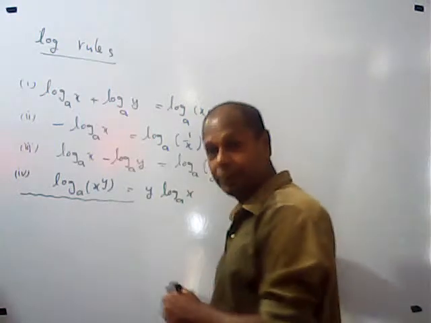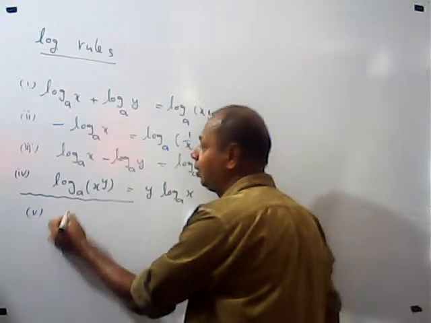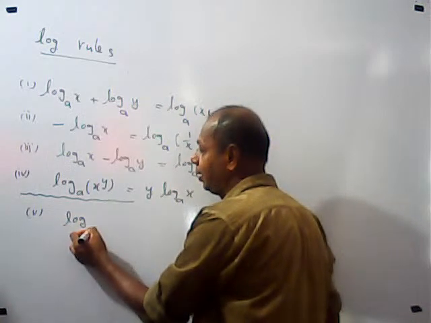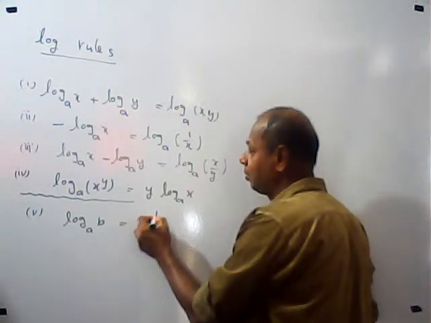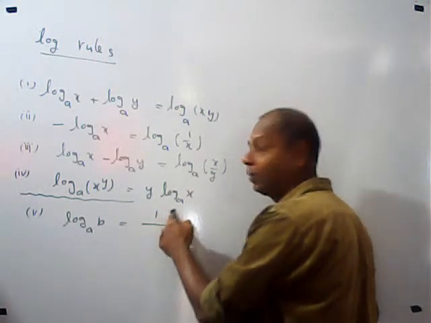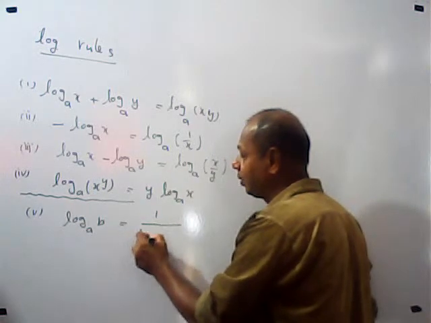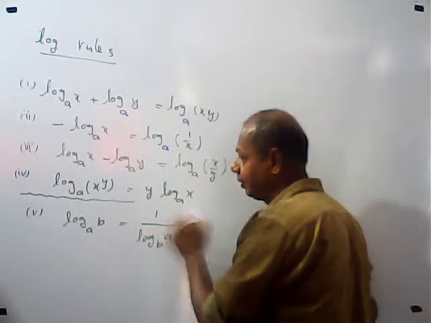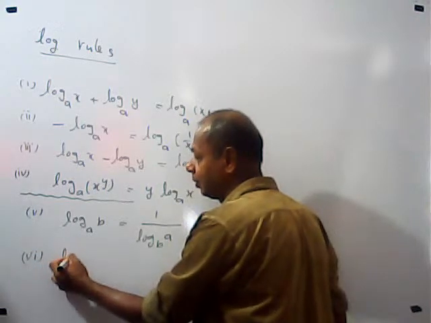Then the new rules are number 5, log_a b. Changing the base, it will be like inverted or go to the reciprocal. Log_a b equals 1 over log_b a. Rule number 5. Rule number 6.